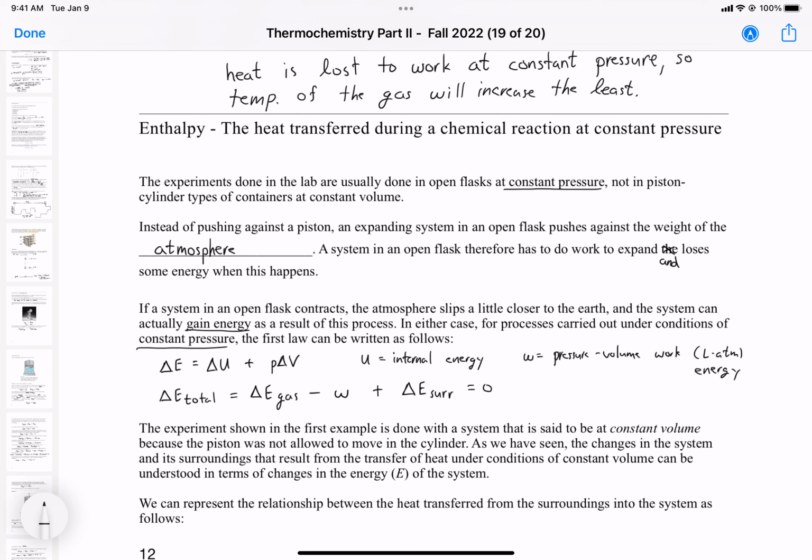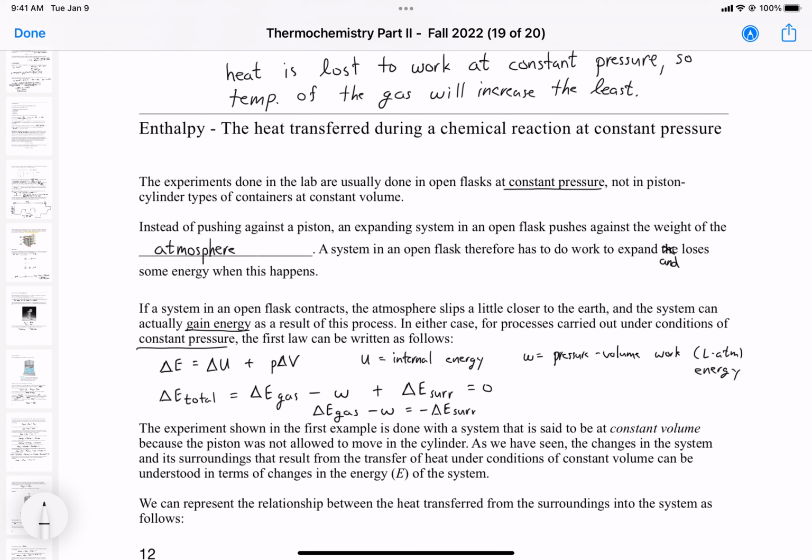So we could rearrange this equation even further by saying delta E over gas minus W equals delta E, energy over surroundings.